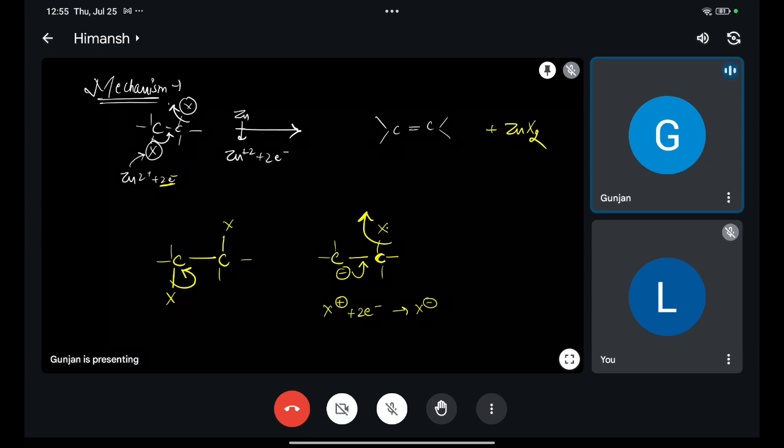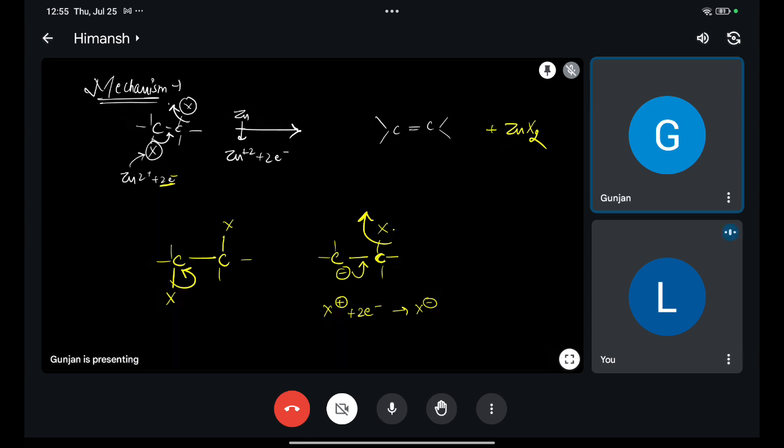The second X negative, this carbon will give its extra electron and form a bond between C and C. These two X negatives will combine with zinc and form ZnX2. Here the upper halogen will go as X negative, and a C positive will be formed, and the C positive and negative will form a bond, and the alkene is formed.